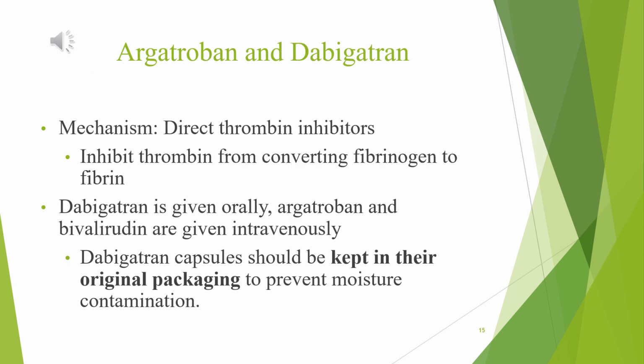These medications are direct thrombin inhibitors, and they inhibit thrombin from converting fibrinogen to fibrin. Dabigatran is given orally, and the capsules should always be kept in the original packaging because we need to prevent moisture contamination for this medication. So remember that.